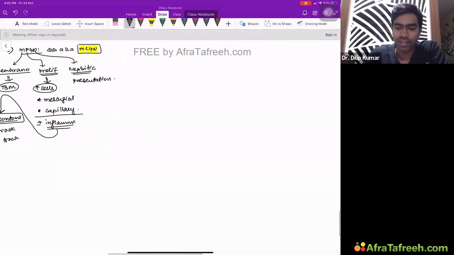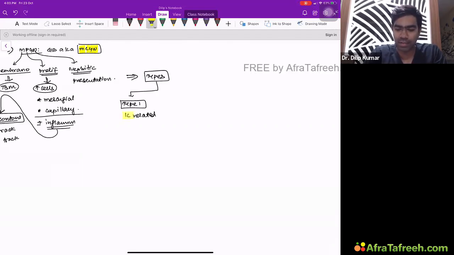And as far as MP gene is concerned, there are many different types of MP gene based on our clinical, histological, electron microscopic, and immunofluorescence findings. The first type is what we refer to as type 1 MP gene, or typically I can write it as immune complex related MP gene. I believe that this is the right name. This is a new name also, immune complex related MP gene.